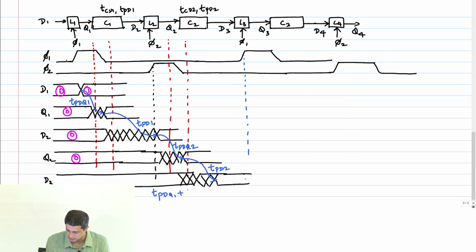T_PDQ1 plus T_PD1 plus T_PDQ2 plus T_PD2. What's the inequality? T_C should be greater than or equal to this, right? This is my max delay.